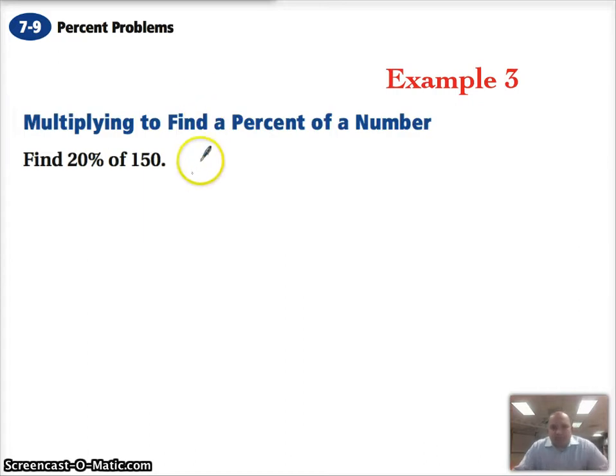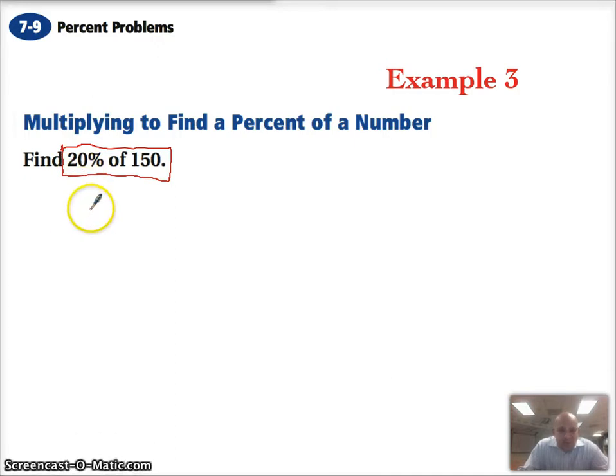Next, it says we've got to find 20% of 150. I'm going to teach you a different method other than that proportional method, and it's one that you should be familiar with. It says 20% of 150. If we rewrite that, well, what can 20% be?